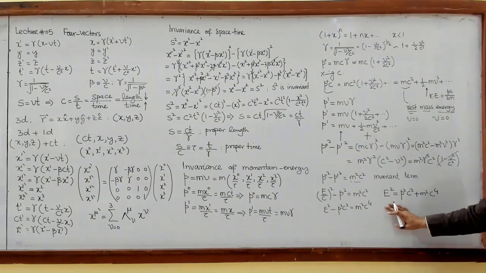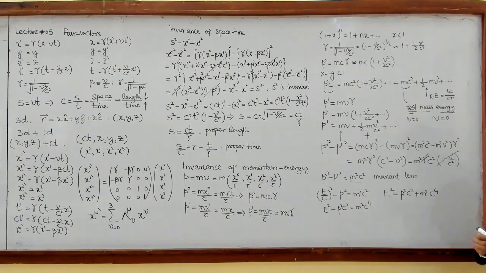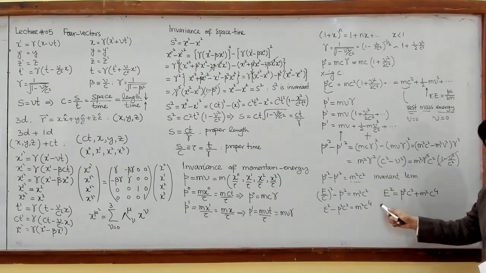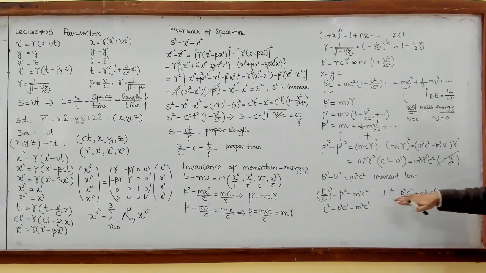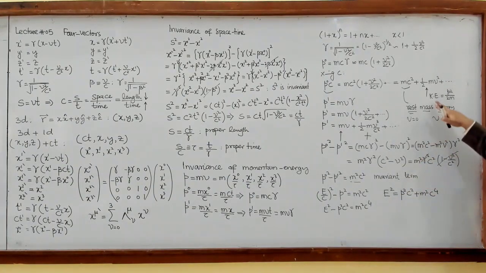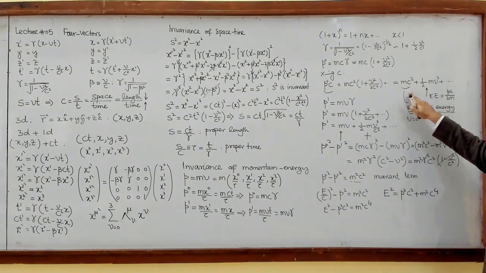When there will be some velocity contribution, when there will be some motion, this will be the energy square. When there will be no motion, or no ordinary kinetic energy, or P will be 0, then you will have only the rest mass energy.